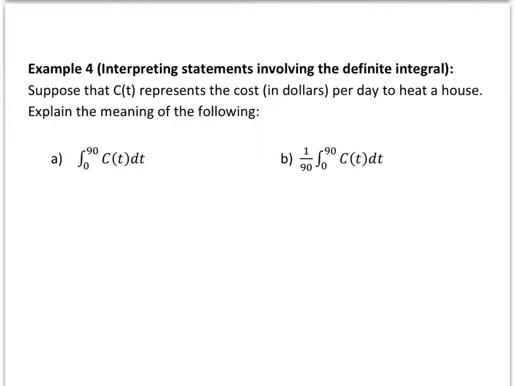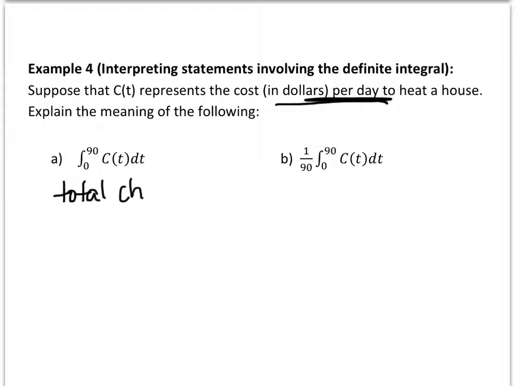Here's an interpretive example. We see that C of t represents the cost in dollars per day, so that's a rate function, to heat my house. So if I integrate that rate of change function from 0 to 90, the change in cost in dollars per day, then I get the total amount of change.